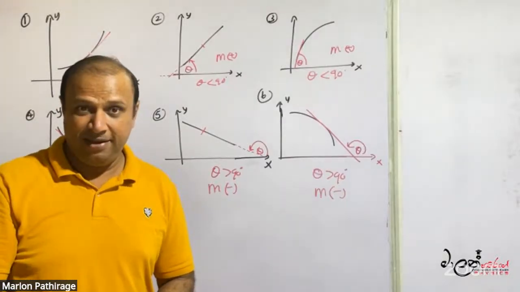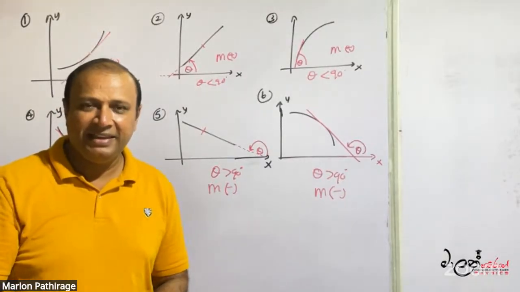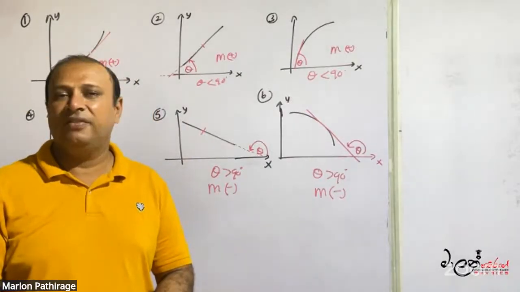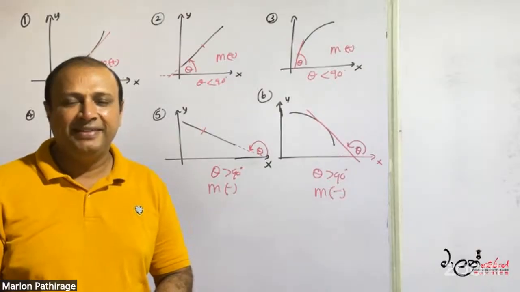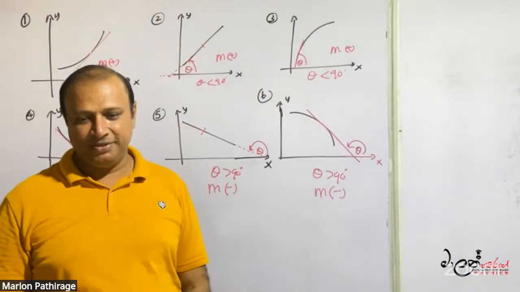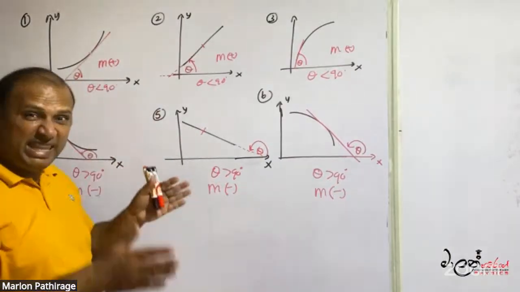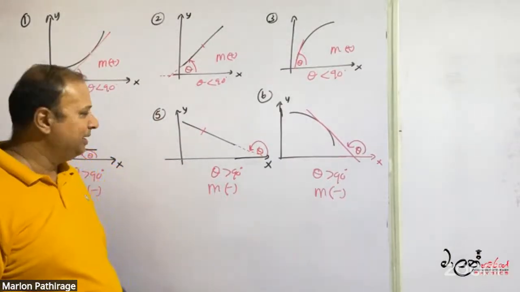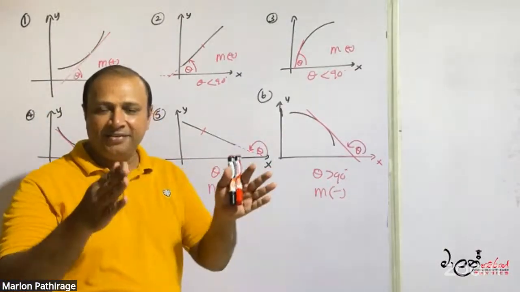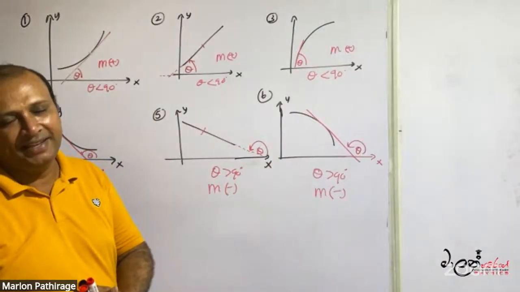If the graph is increasing, then the gradient of that part is positive. If the graph is decreasing, the gradient of that part is negative.